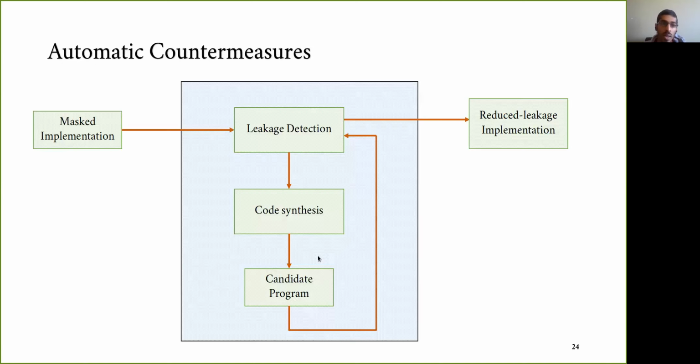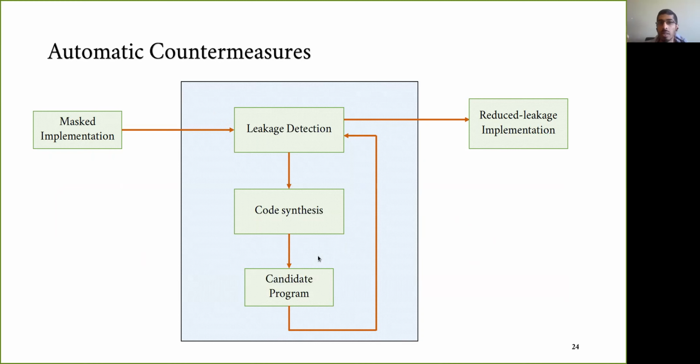So in automatic countermeasures, we start with a masked implementation because we know how to automatically mask it. When we use a masked implementation, we are leaving the masking to some automated procedure, and then we use some leakage detection method and do some code synthesis to fix those leakages, and then the candidate program is run again and again through this leakage detection.